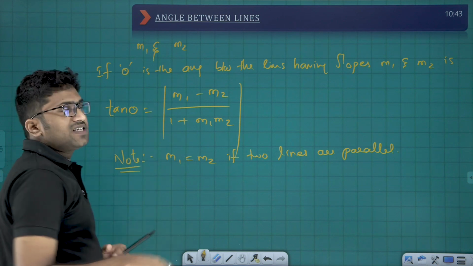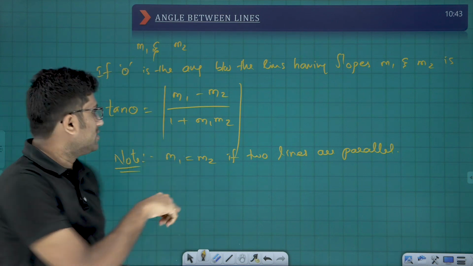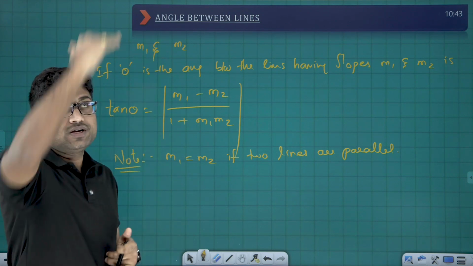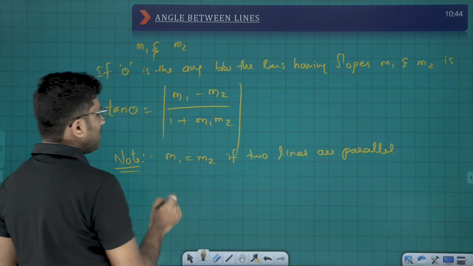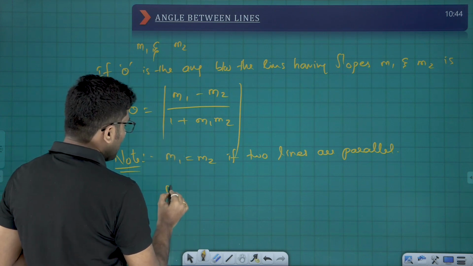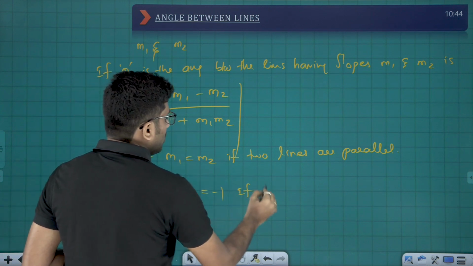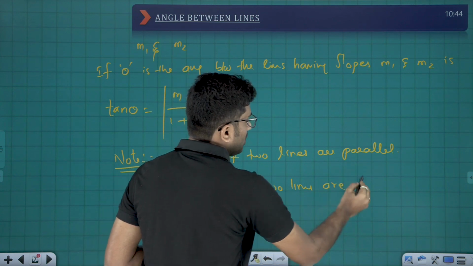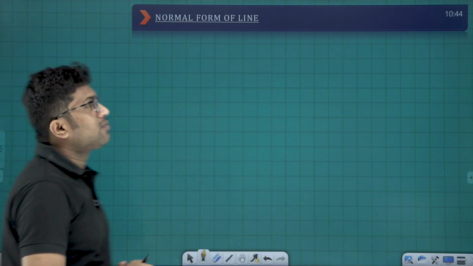Next, if lines are perpendicular, that means the angle between them is theta equal to 90 degrees. Tan 90 is not defined. What do you mean by not defined? The denominator should be 0. So if two lines are perpendicular, then m1 into m2 is equal to minus 1.